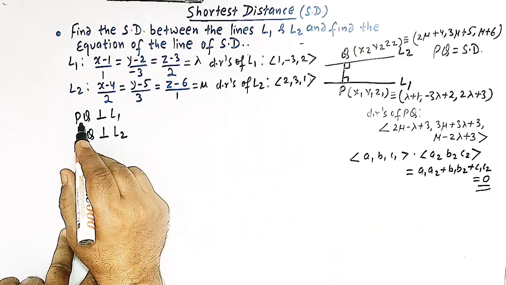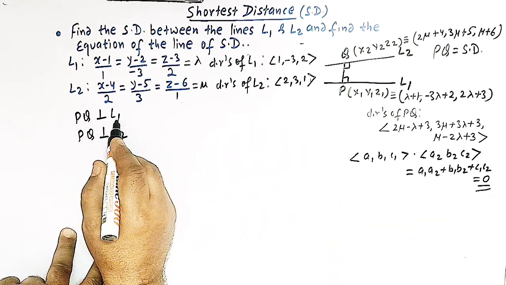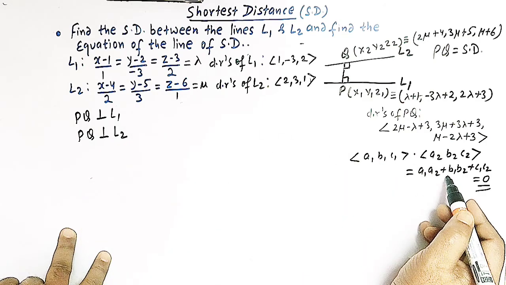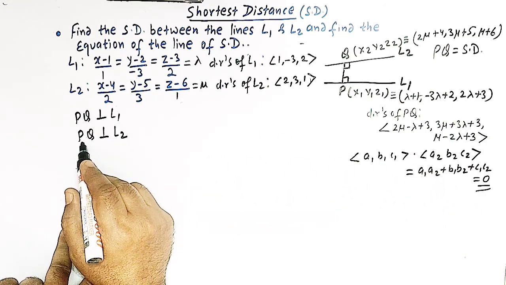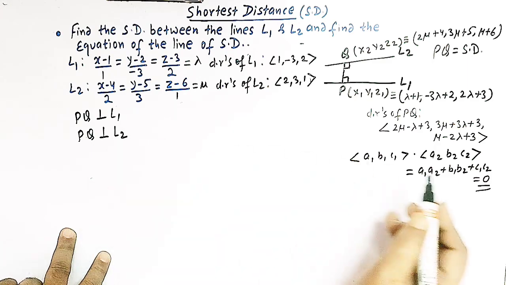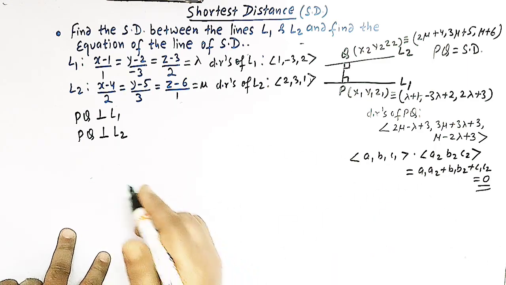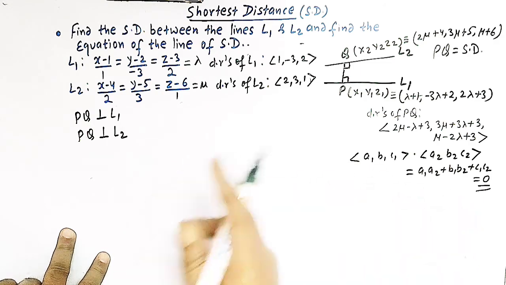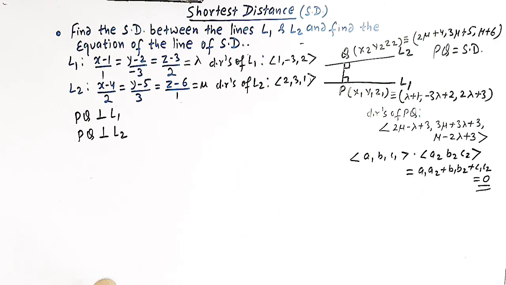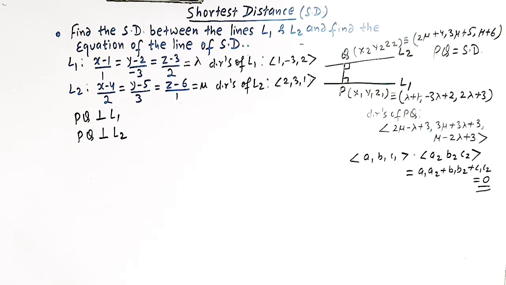So here first we'll take PQ perpendicular to L1 and we'll apply this condition, and then we'll take PQ perpendicular to L2 and then we'll apply this condition. So by applying this condition twice, we can get two equations in lambda and mu.